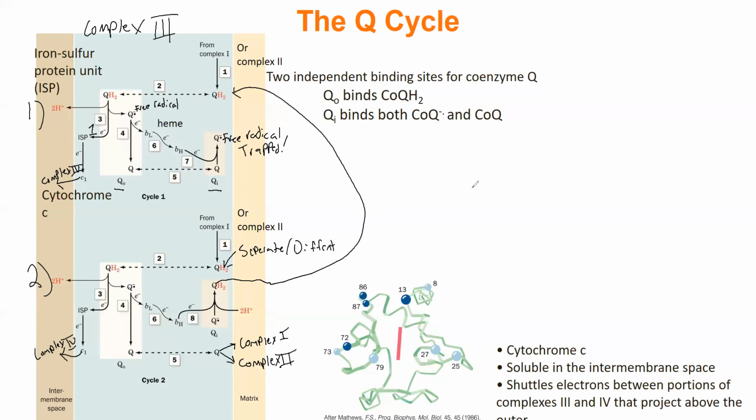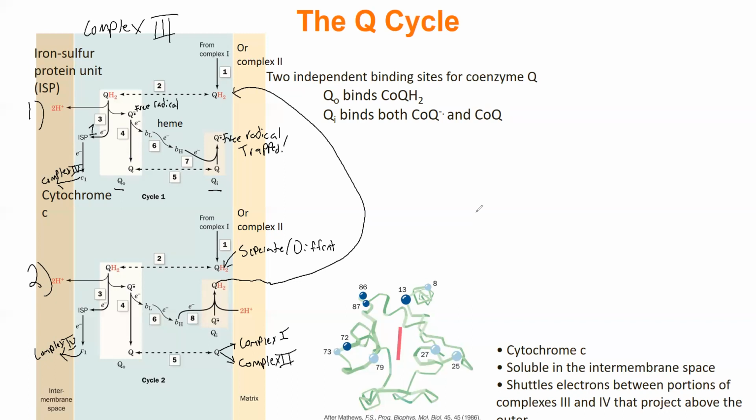Would the big takeaways be the Qs or the electrons? So for the cell, what the cell cares about are the electrons. They want the electrons to move on to complex 4. And they also care about the protons being ejected out, because it's those protons that we're going to use to make ATP later on.